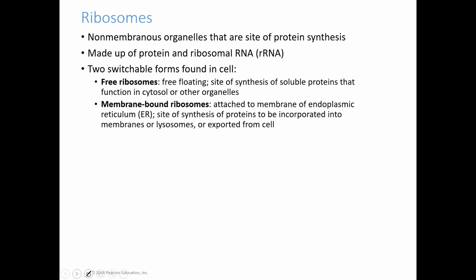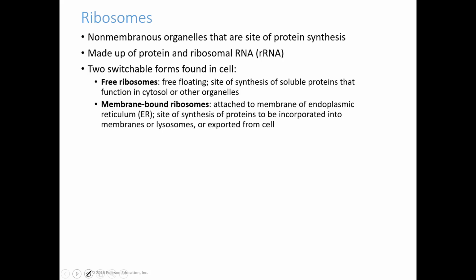Because what's a protein? A protein is nothing but a chain of amino acids linked together with peptide bonds. This chain of amino acids is assembled inside the ribosomes. That's what the ribosomes do. Most of our ribosomes are attached to the next structure we're going to see here, the endoplasmic reticulum. Some ribosomes float free.